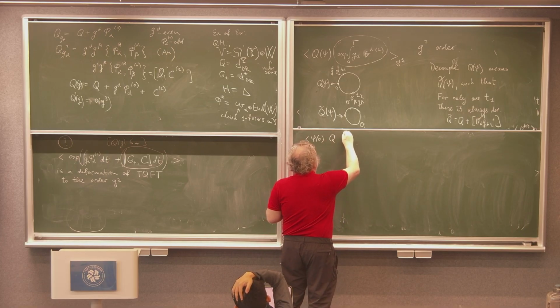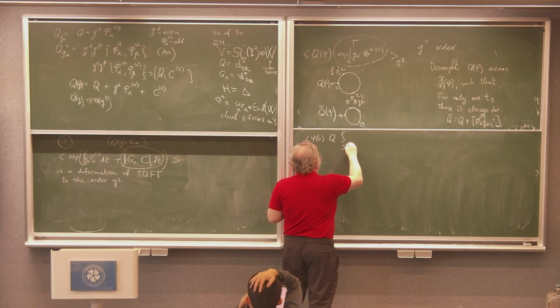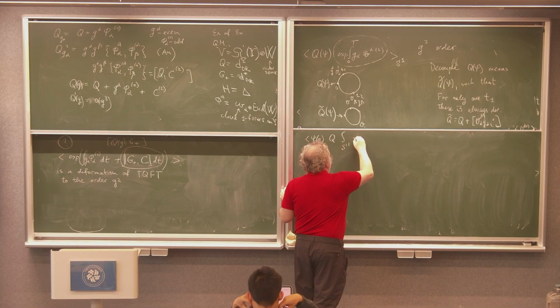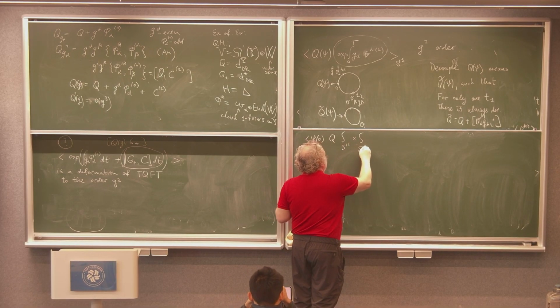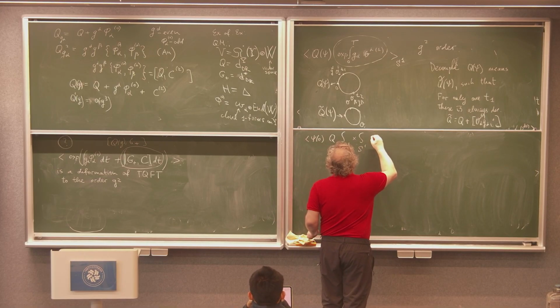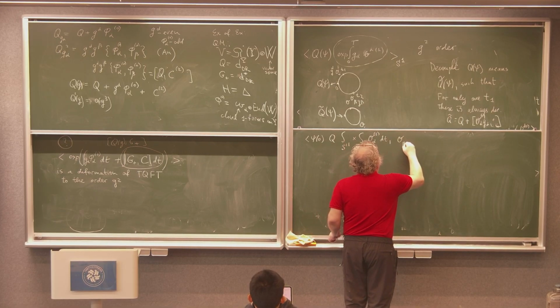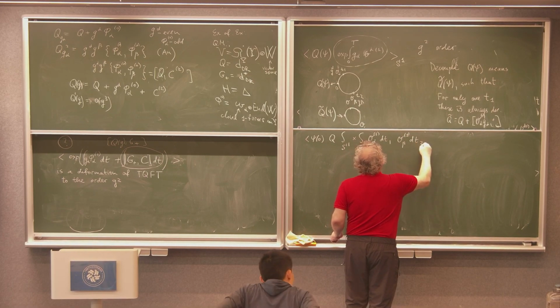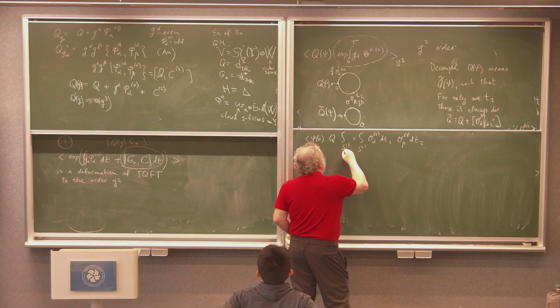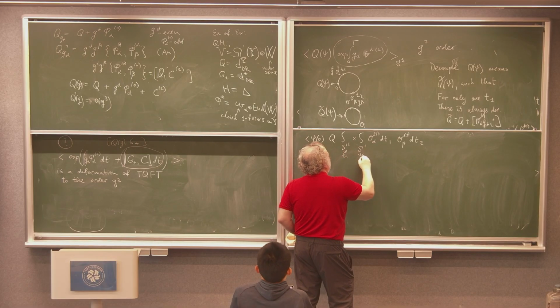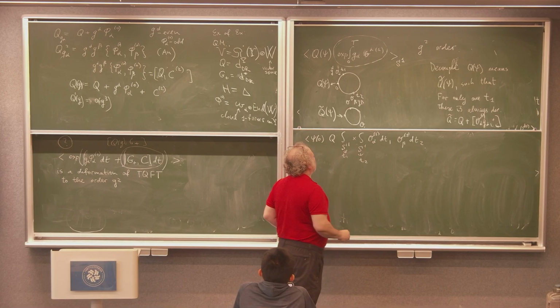And here we will have integral over f1 times f1. And here we have O alpha 1, O beta 1, dt2. T1 lives here, T2 lives here.